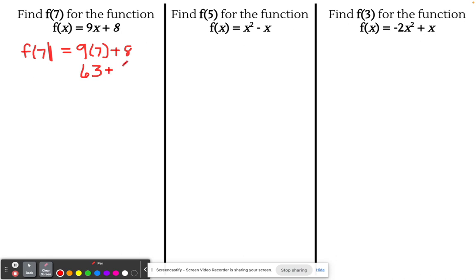That gives me my f of 7. So f of 7 will be 71. (63 plus 8).